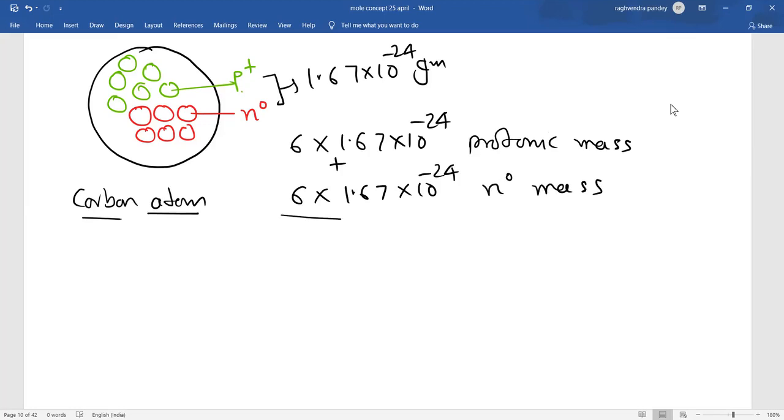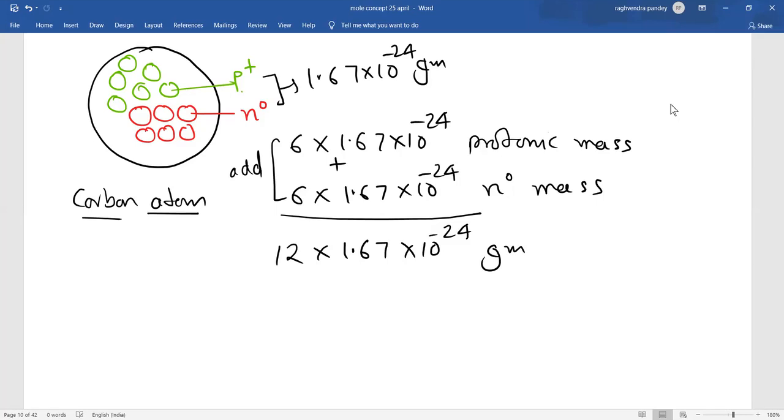Adding these two, what we get is your total mass. So that will be 12 into 1.67 into 10 to the power minus 24 grams.